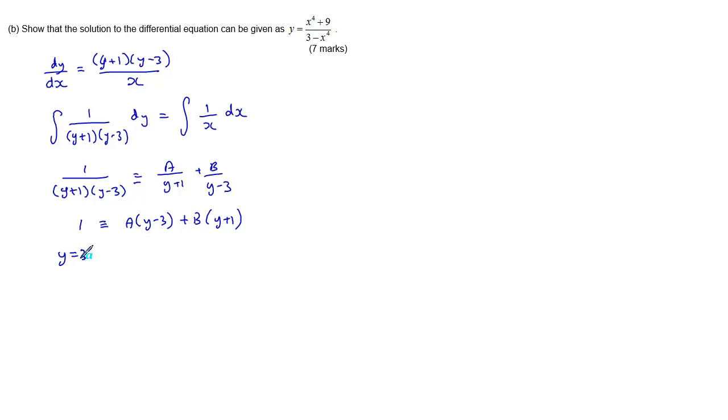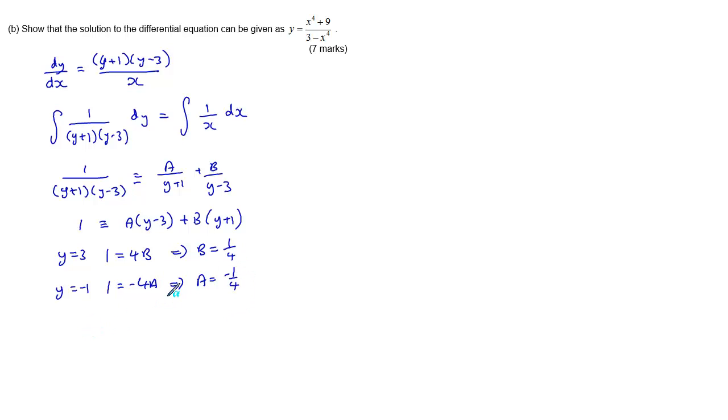Take y equals 3 and we get 1 equals 4b, so b is a quarter. Take y equals negative 1 and then we get 1 is equal to negative 4a, so a is negative a quarter.